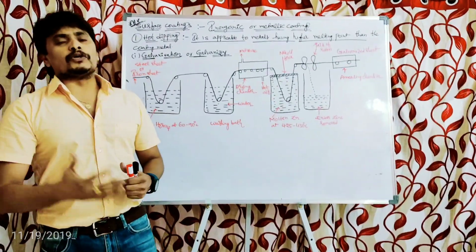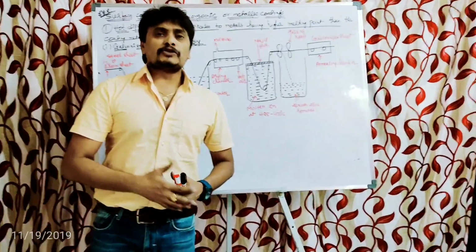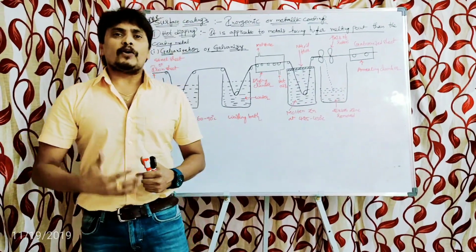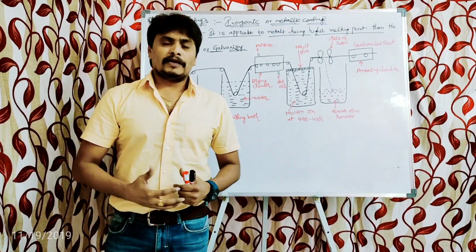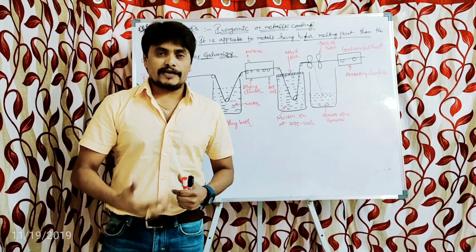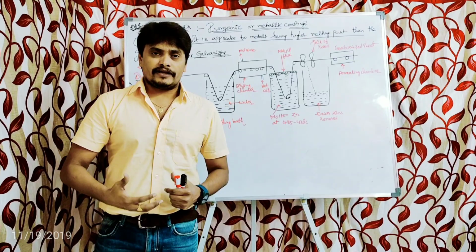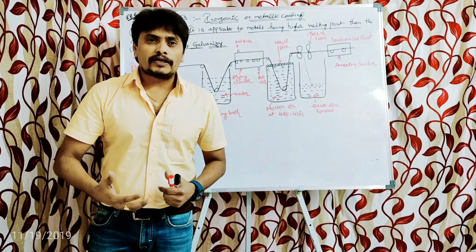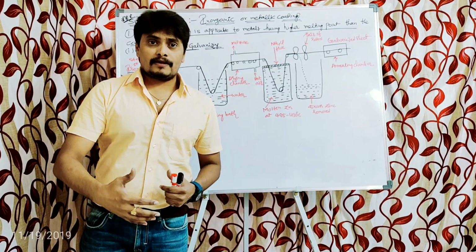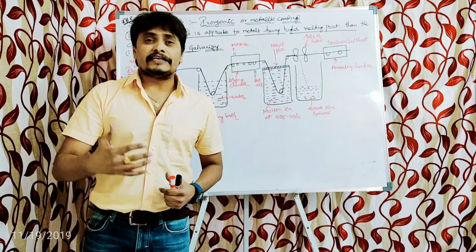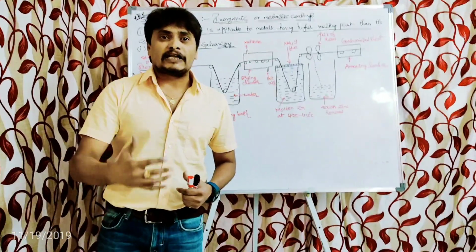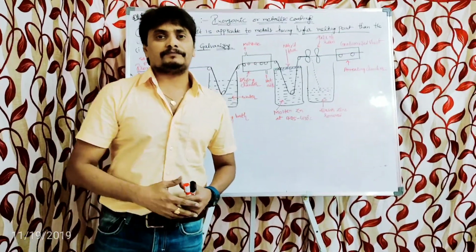Now, coming to inorganic coatings. Inorganic coatings are usually metals, so they are also called metallic coatings. In inorganic coatings, we coat metals on the surface of the base metal. What is the base metal? I explained it in the video on cathodic protection.